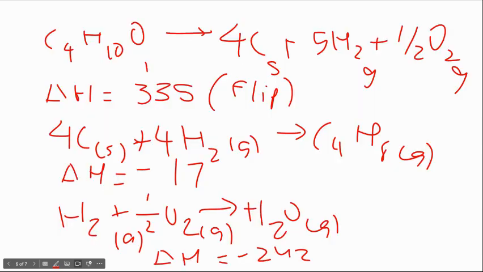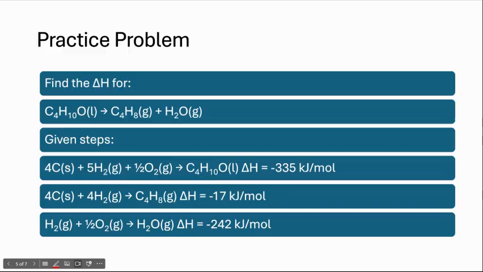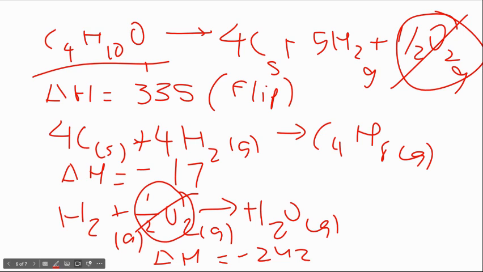Then we just sum all of these equations. When we add all these equations, the same things on either side get canceled. For example, this O2 gas and this O2 gas are on opposite sides with the same coefficients, so we cancel these out. C4H10O stays on that side, it doesn't get canceled.